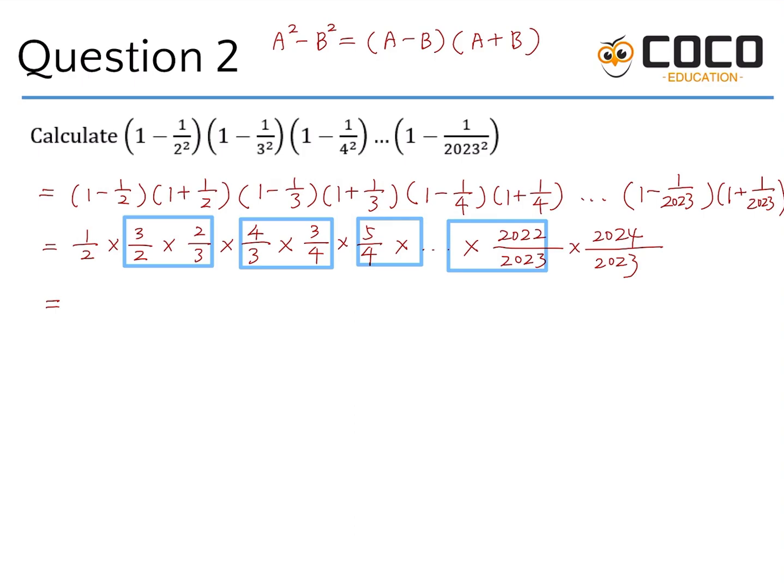So everything in the middle, they cancel each other. This becomes half times 1 times 1 times 1, so all the way to 2024 over 2023. Simplify this. This is 1012 over 2023. So that will be the answer.